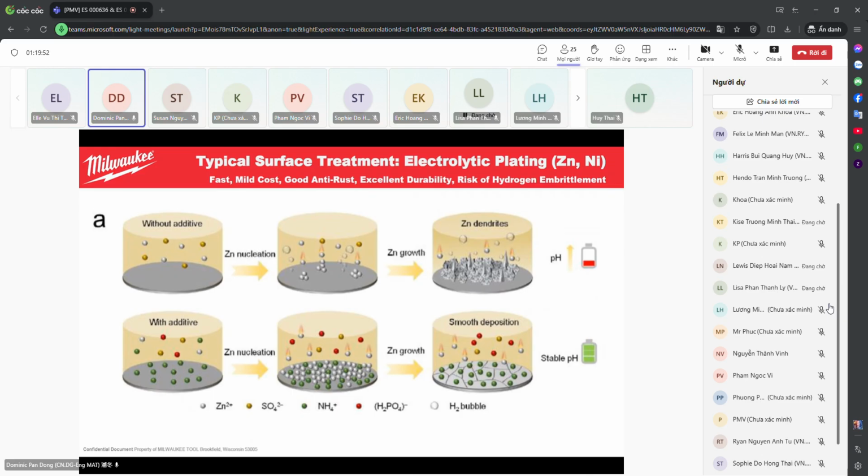Here, this is an illustration of the zinc plating or the nickel plating process. Basically speaking, this kind of electrolytic process, coating process, was developed by Mr. Watt more than 100 years ago on the US side.